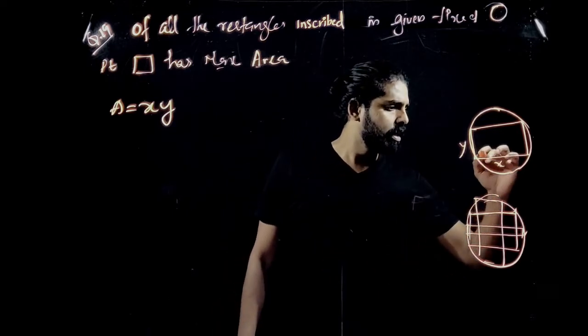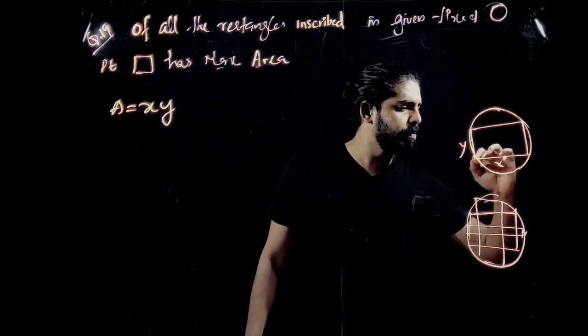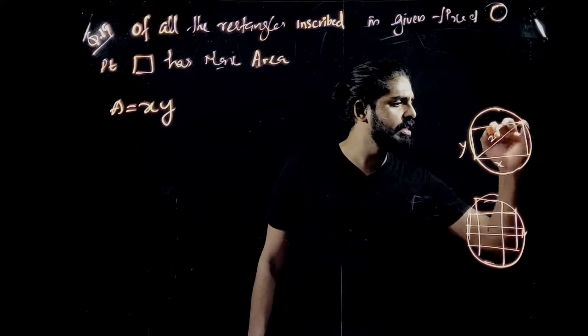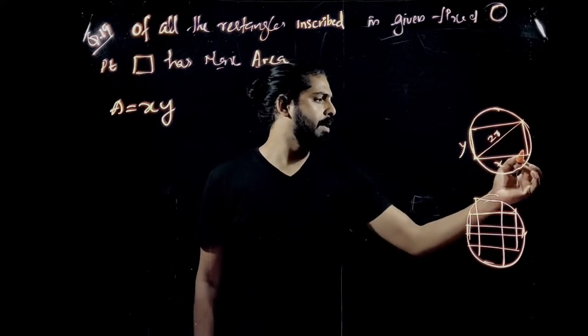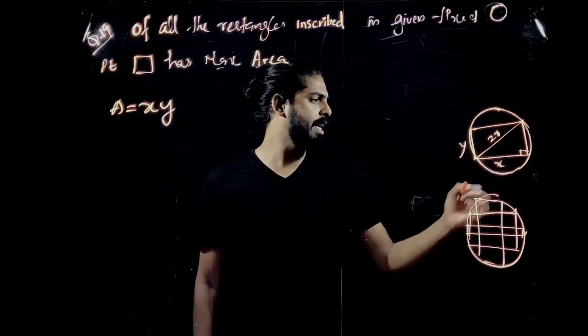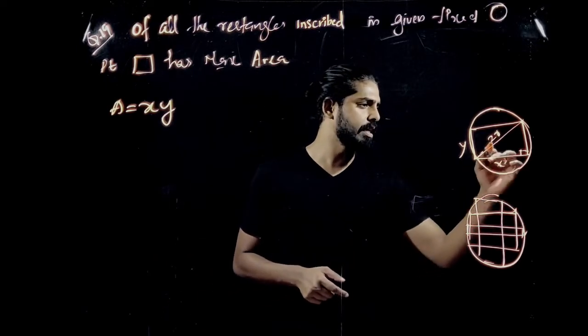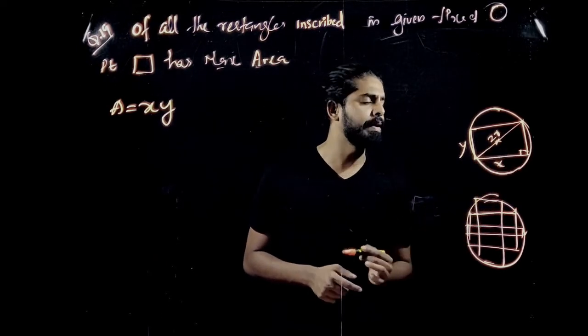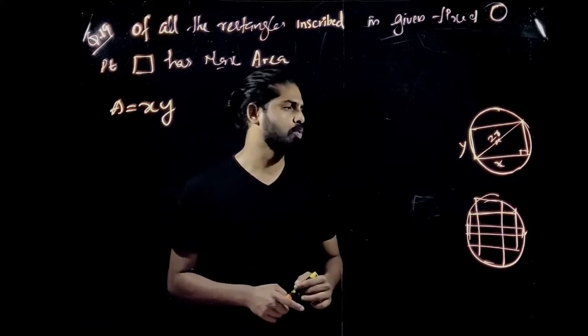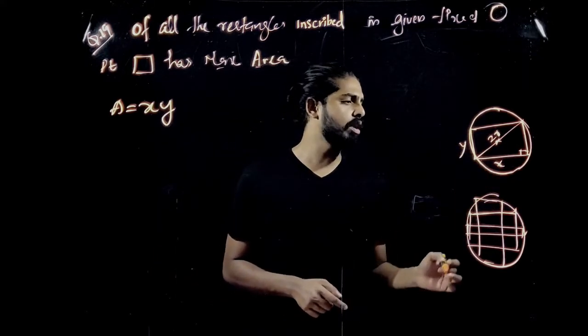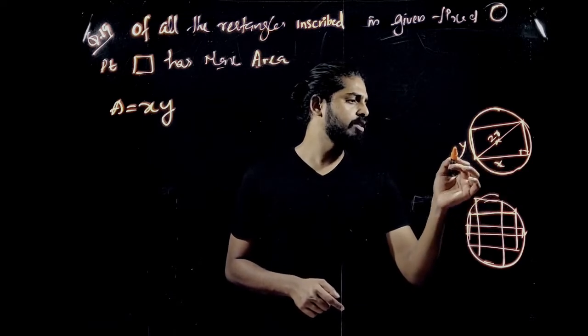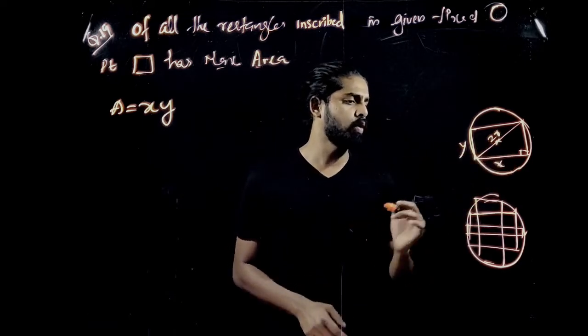Okay. For that, we have to derive a relation between x and y to eliminate this. See, here the radius of the circle is fixed, which means if this is the diameter, this will be the diameter. Since this angle is 90 degrees, we know the angle in a semicircle is 90 degrees, so this will be a semicircle, and hence this is the diameter. And also this is the diagonal of the rectangle. And here we have a Pythagoras relation, which is x square plus y square is equal to 2r whole square.